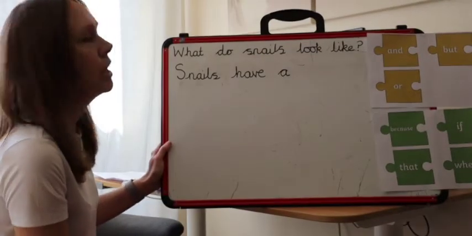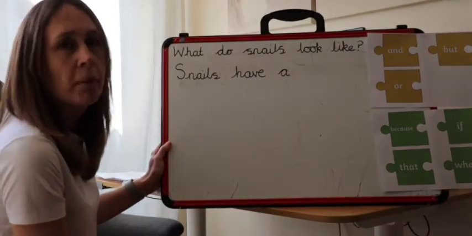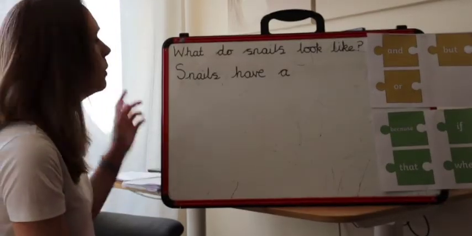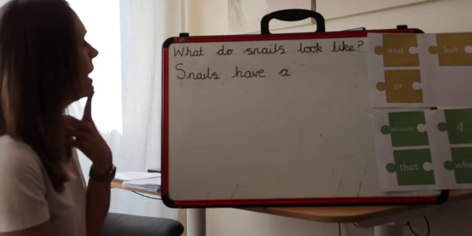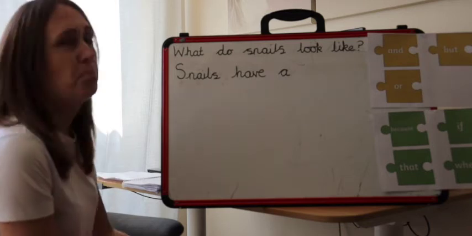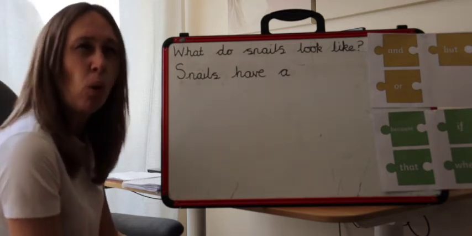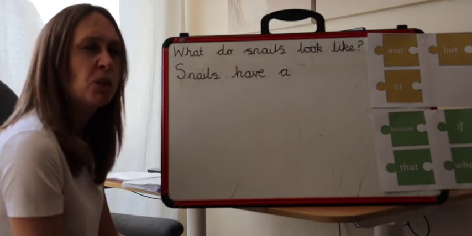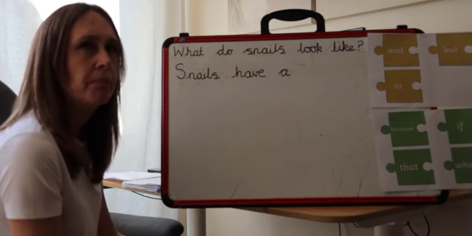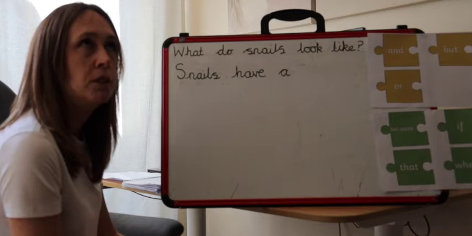Now I could write snails have a shell, but I need to remember to put in some adjectives. So I could put snails have a big shell, although I want to use a word that's a bit better than big. I think I might use the word large.